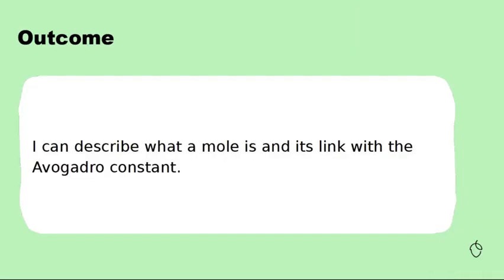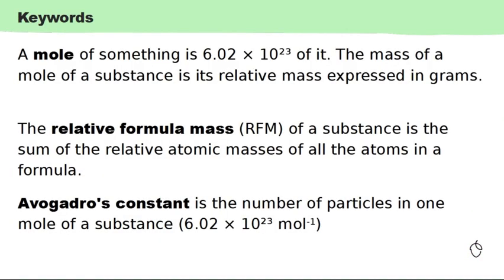The outcome for today's lesson is that you'll be able to describe what a mole is and its links with Avogadro's constant. The key words for today's lesson: a mole of something is 6.02 times 10 to the 23 of it. The mass of a mole of a substance is its relative mass expressed in grams.